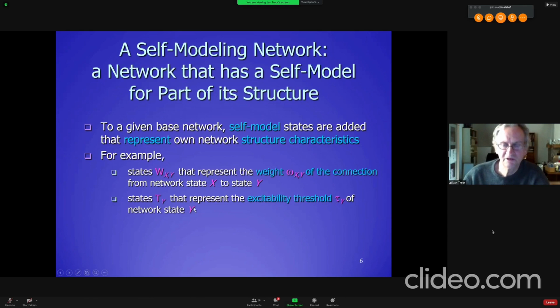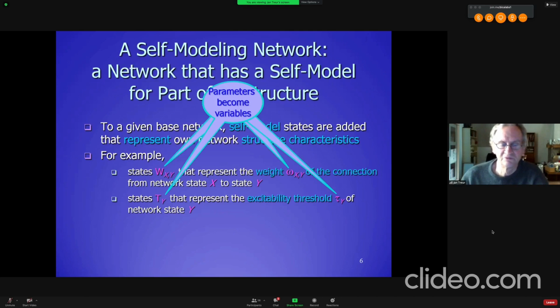And similarly, you can do that for other types of characteristics, like the excitability threshold of a combination function. You can also add a state for that. So that's how you realize that parameters of your model become variables in your model. That makes it easy to handle the adaptivity of these parameters, of these network characteristics.